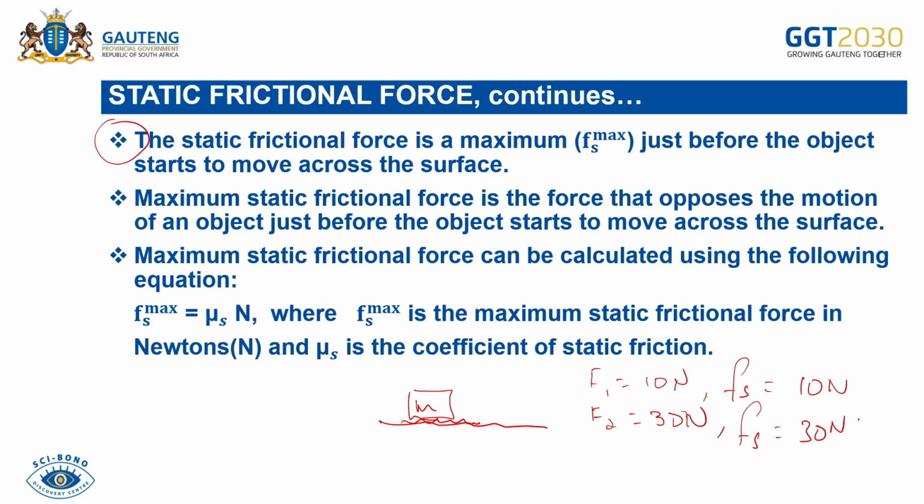30 newtons. But there will be a point when we keep on applying a force, where the force that we are applying overcomes the static friction. At that point, let's say this is F3, we apply a force of 50 newtons.